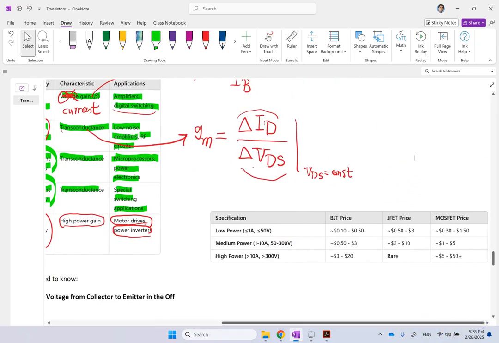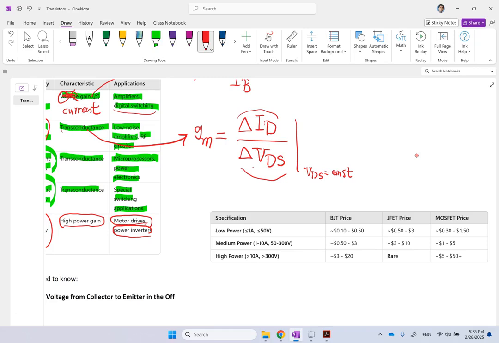You can see that, for instance, if you look at the lower power category, a BJT can go from 10 to 50 cents. A JFET goes from 50 cents to $3. A MOSFET goes from 30 cents to 1.5. So you see these two are more expensive.